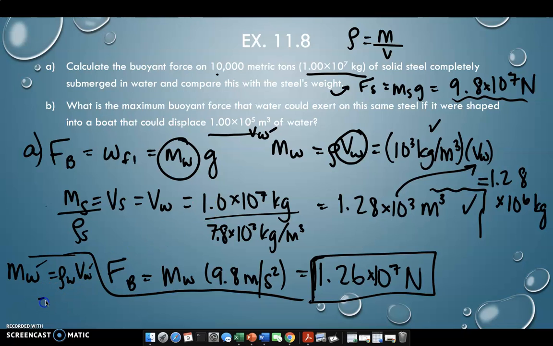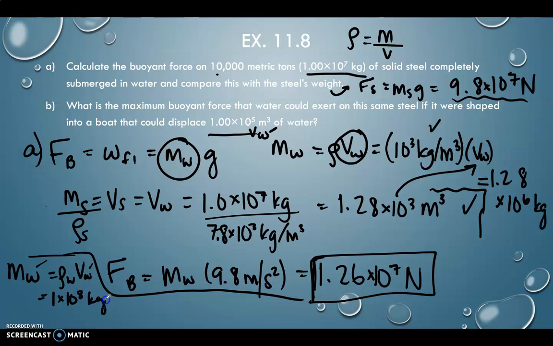So I get 1 times 10 to the 8th kilograms as my new mass. So my buoyant force is going to be my new mass times g. So this number times 9.8.